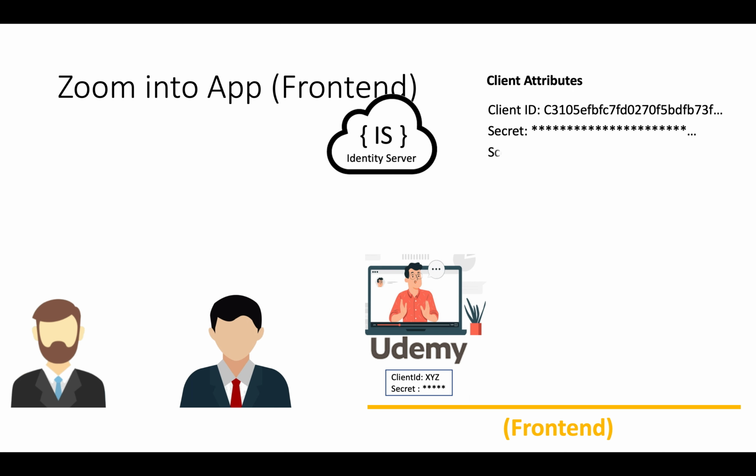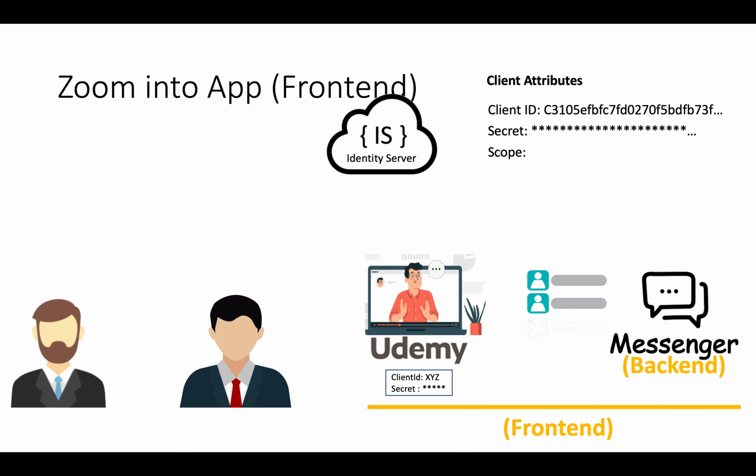Then comes scope. This is one of the important attributes of a client. This will define the scope of the app or client. When a token is generated by this particular client, the token contains the scope defined with this client. Let's take one example. We have a Messenger backend that has the user's contacts. Udemy wants to access the user's contacts.